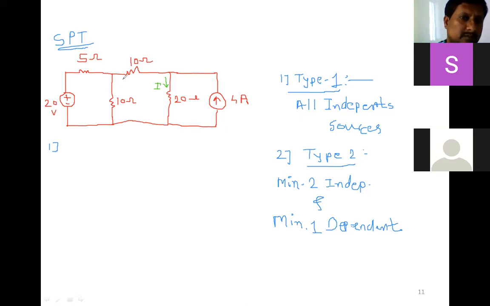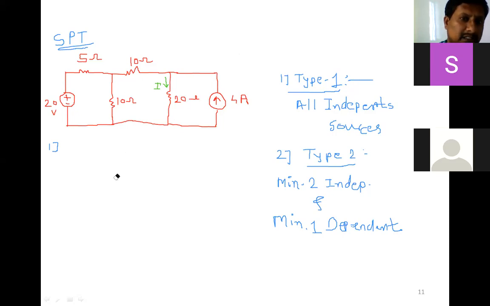So which is the type if you are observing this circuit? Type 1 or type 2? Type 1. Yes. Only independent sources are there in this circuit.